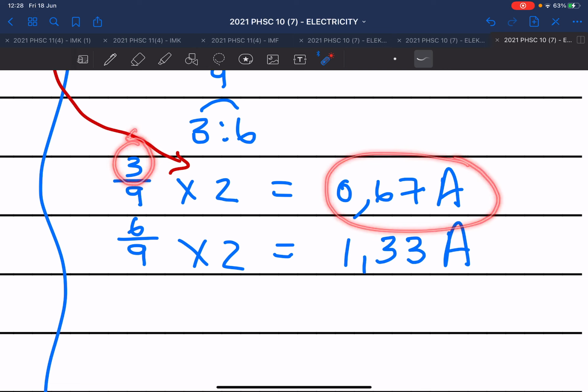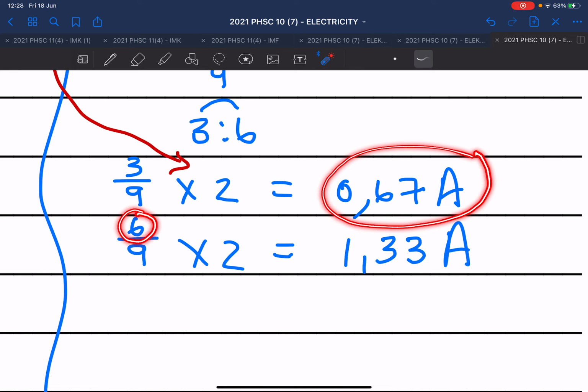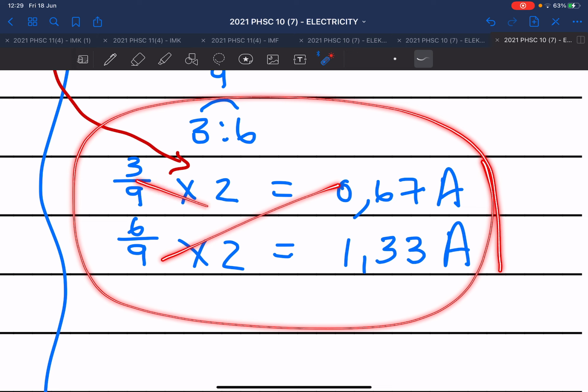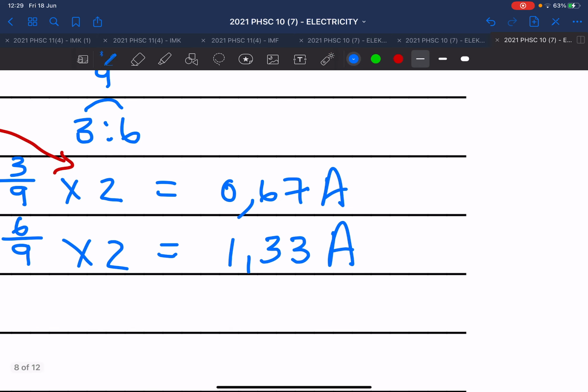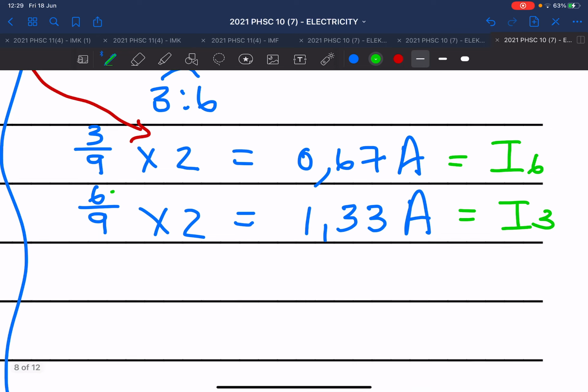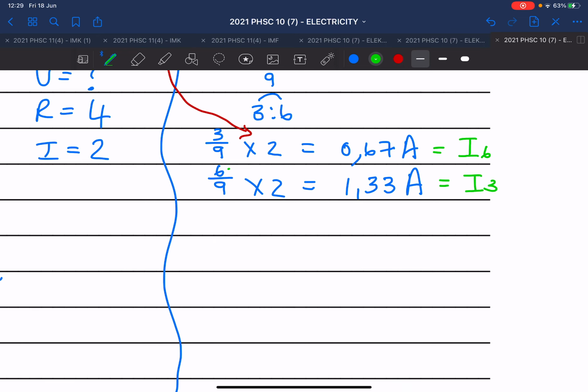Because why? The smallest current goes through the bigger resistance, and the biggest current goes through the smallest resistance. So when you do ratios like that, you must swap them. So that is equal to the current through the 6, and that is equal to the current through the 3.